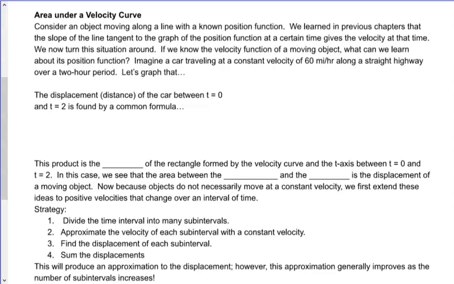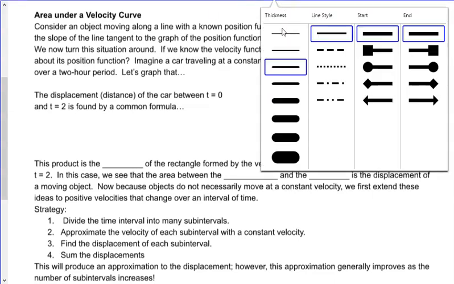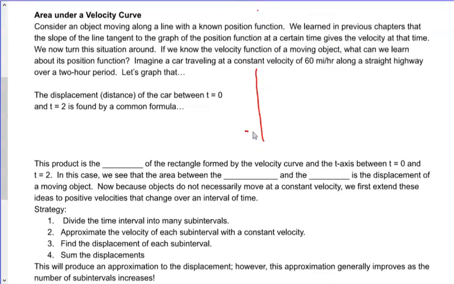So let's graph this. I'm going to put my time down here, in hours, and then I'm going to put my velocity across here, in miles per hour.